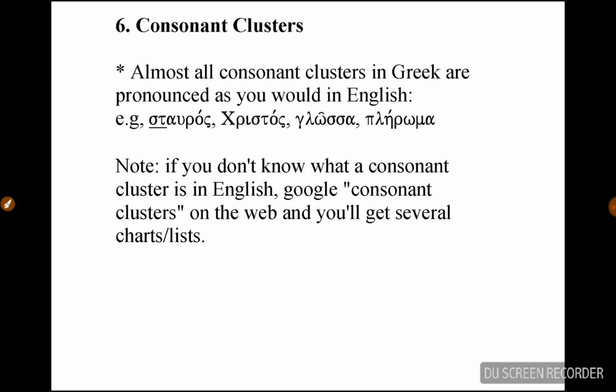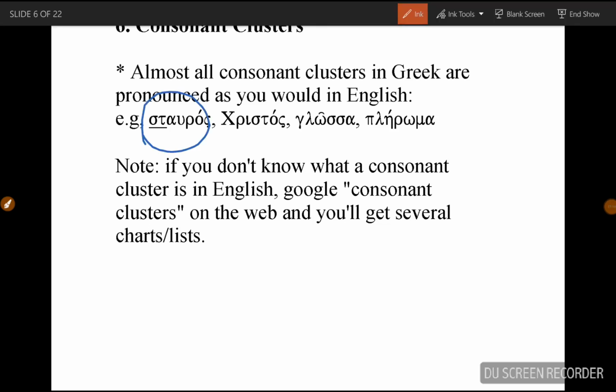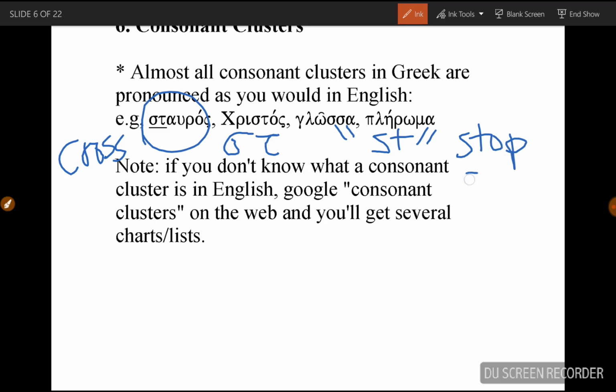So let's look at some easy examples. The word here, stauros, which is a word for cross, the sigma tau, that's a consonant cluster. It sounds very much like S and T as in English, stop or start.